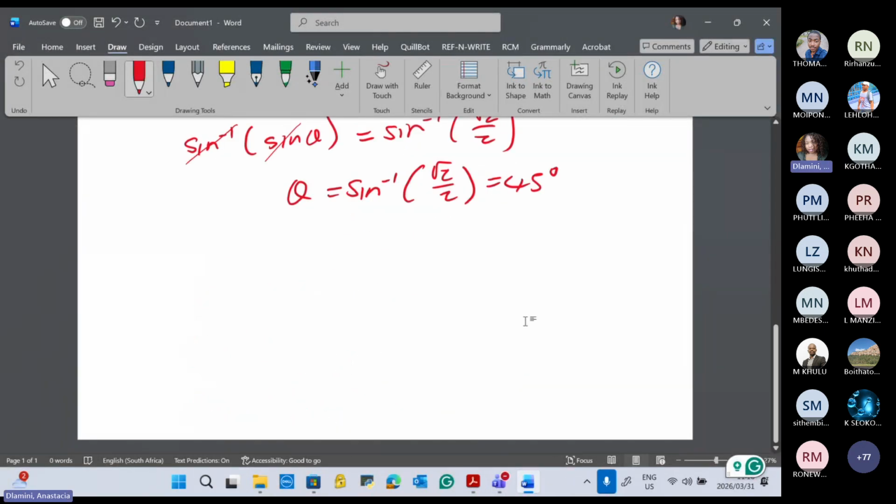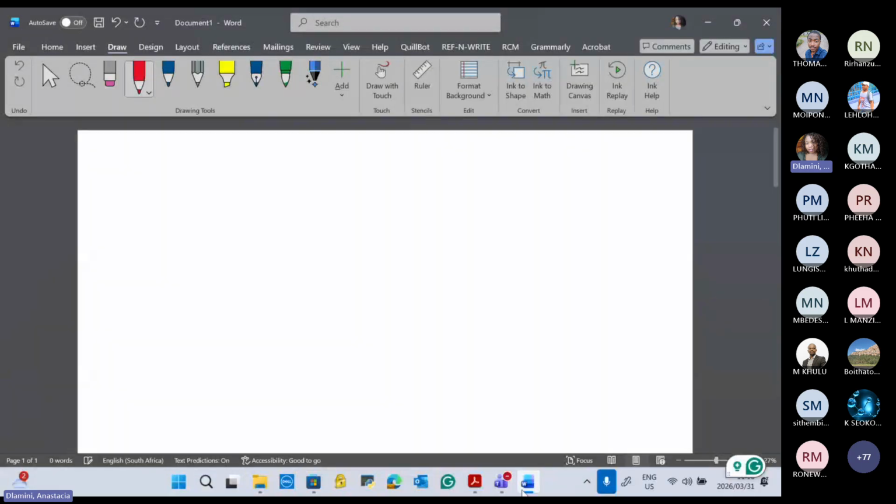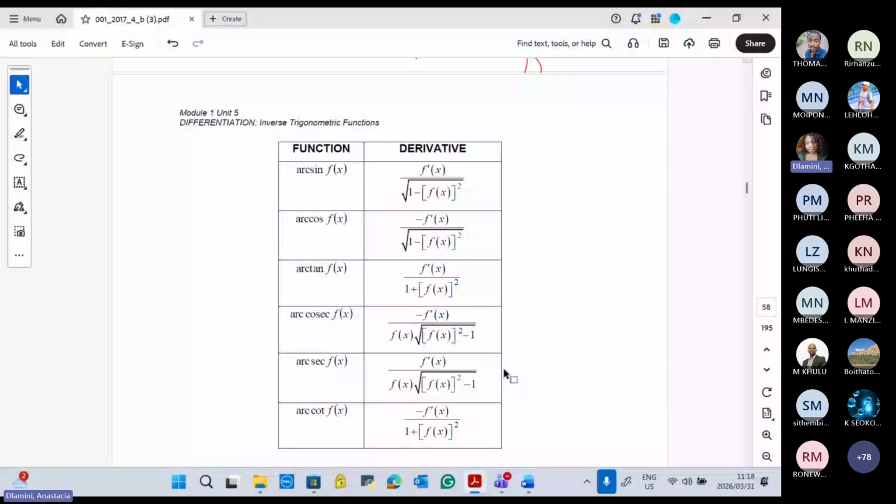Yes, ma'am. Thank you. So today we're looking at the inverse of trigonometric functions. Arcsine is the inverse of sine, arccos is the inverse of cos, arctan is the inverse of tan, and then we have arccosec, arcsec, and arccot. So if you have arcsine, then the derivative will be represented by this formula over here.